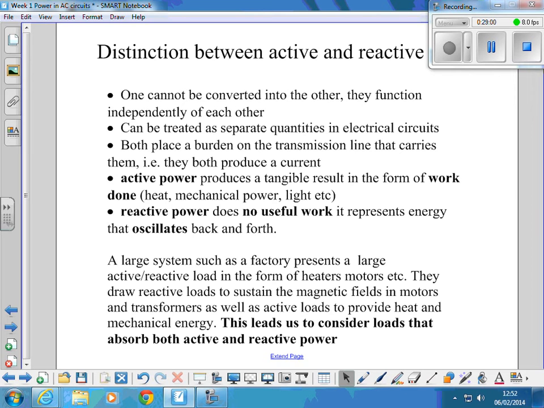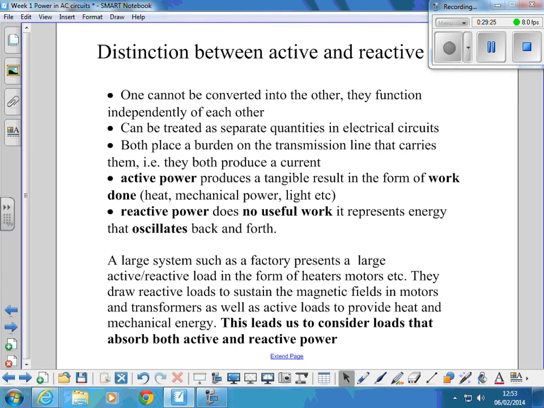They can be treated as separate quantities in electrical circuits. So when we're doing calculations, we deal with Q and P and another amount called the apparent power, which we'll look at in a minute, which is the combination of the two.